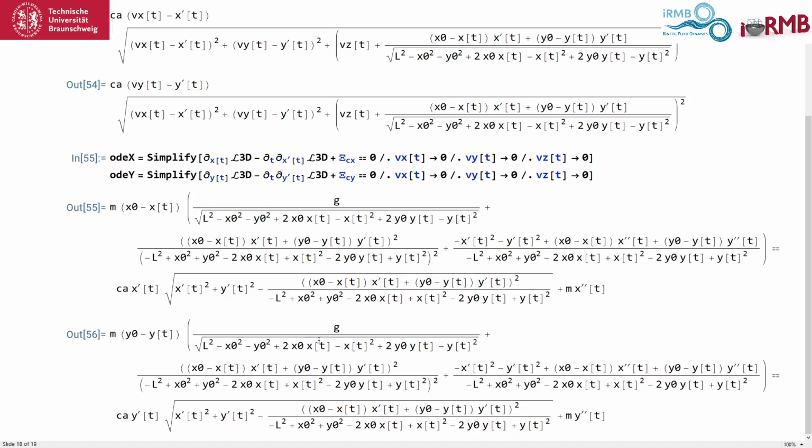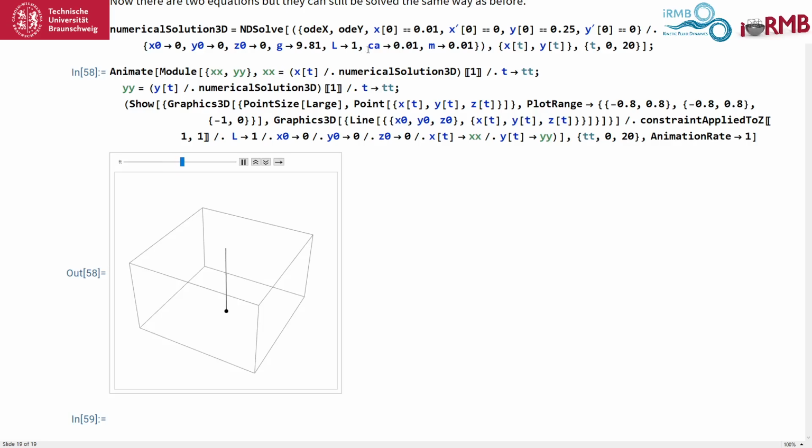I mean, beauty is something else, but we have the computer algebra system that does this for us, right? And then we are already at the end of the lecture.